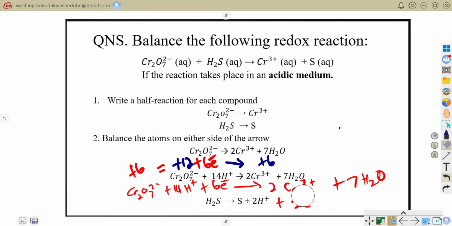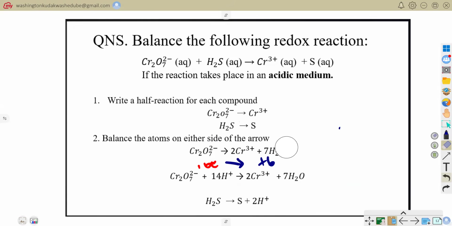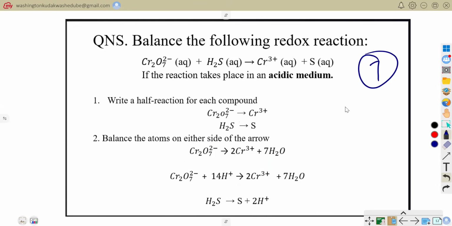A question might come and say, balance the following redox reaction if the reaction takes place in an acidic medium, and show all steps, and then they would give you 7 marks. It simply means that you need to illustrate these steps that we've been doing here.